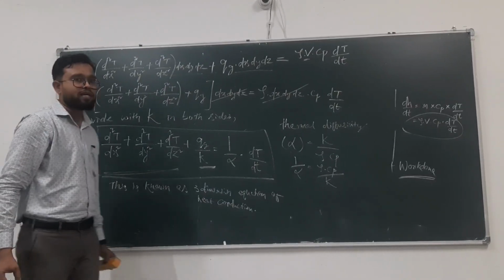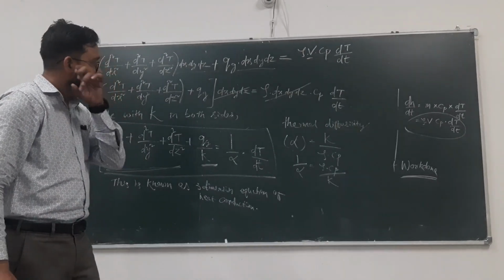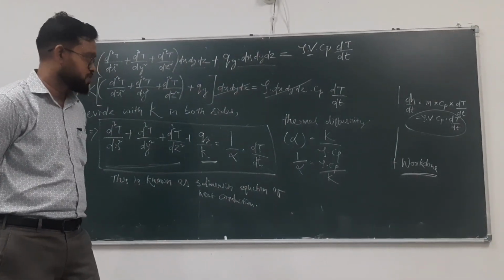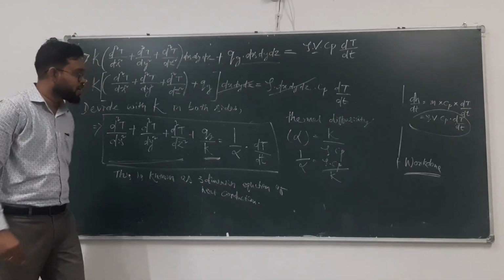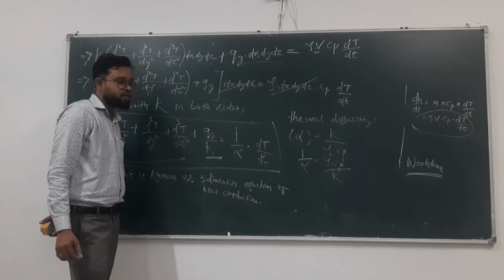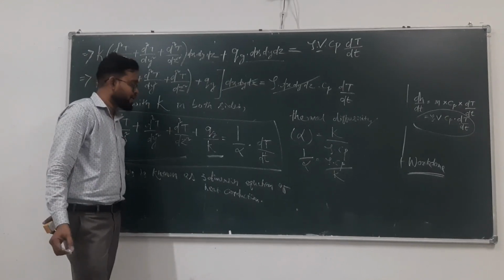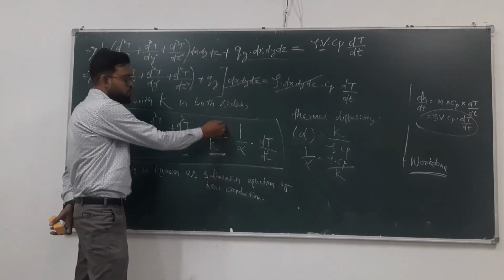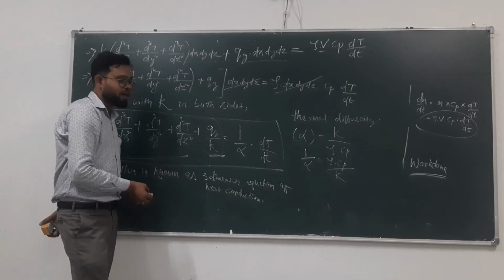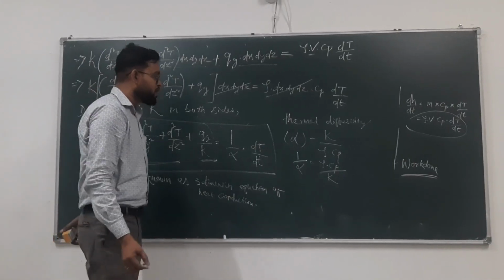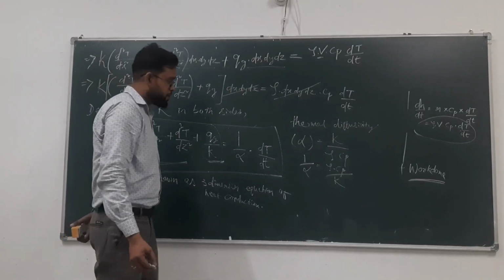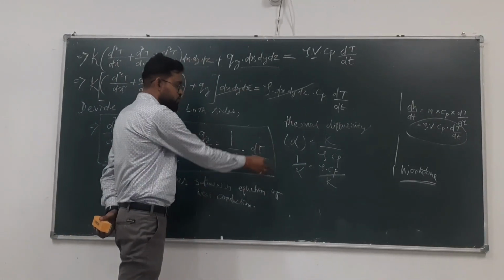So there are a few cases that will come in the equation. Sometimes it will ask different cases. Like in one case, it will say the amount of heat generated inside the body is 0. At that time, we have to neglect this term. Similarly, sometimes it will say the change in temperature with respect to time is 0.